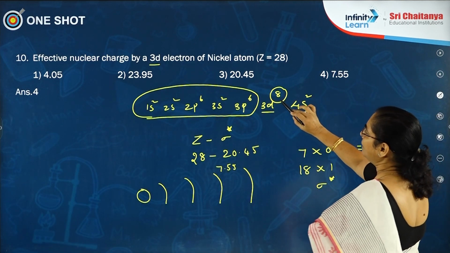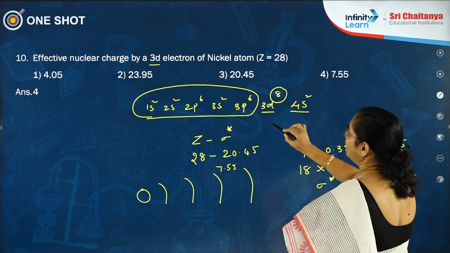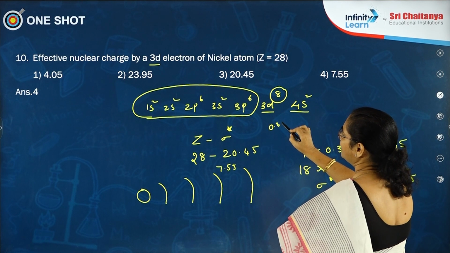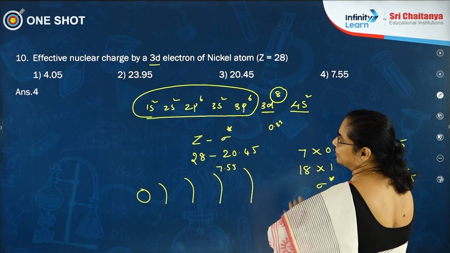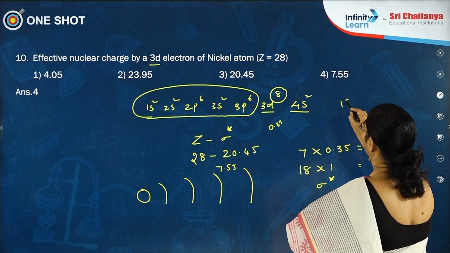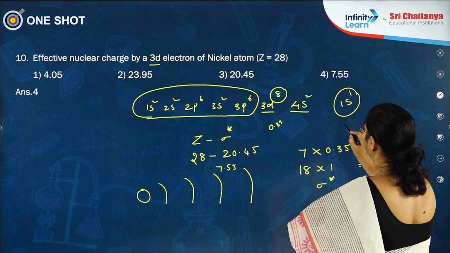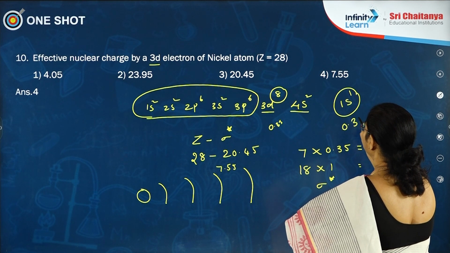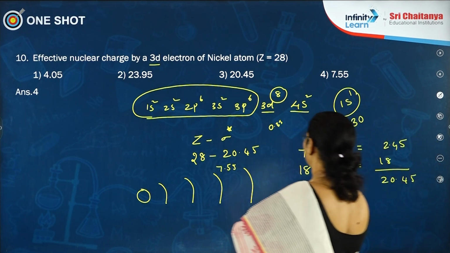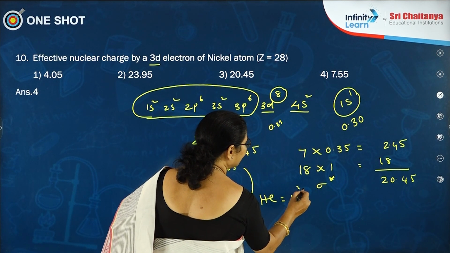So, children remember, for the last d electron, all other d electrons will provide 0.35, and all inner shell electrons will provide 1. Only for 1s1, a single electron in 1s provides 0.30 screening. For example, if they ask about helium, the helium configuration is 1s2.